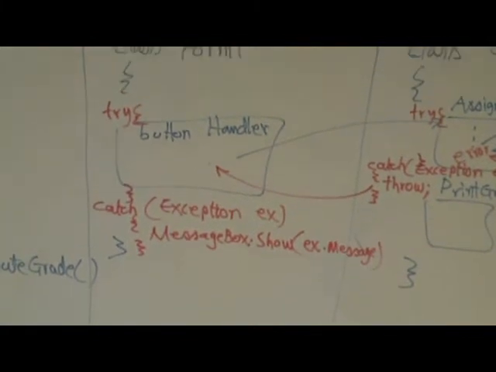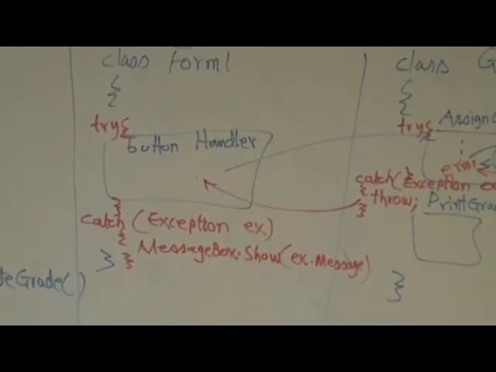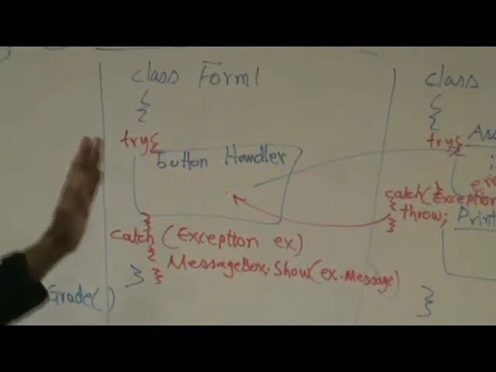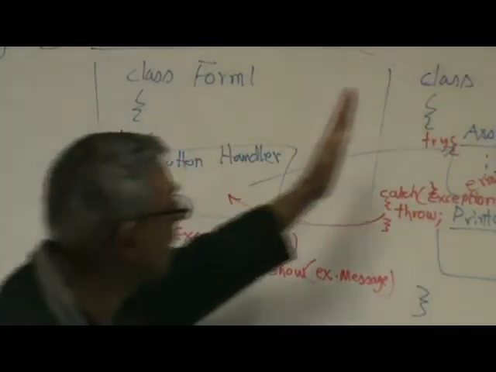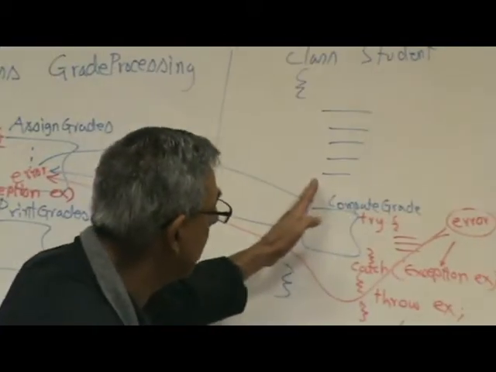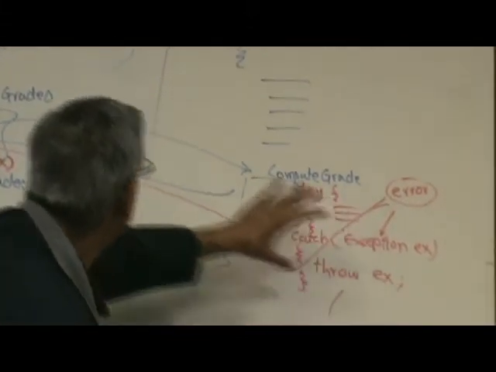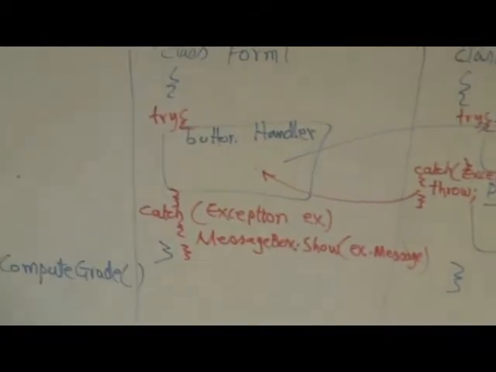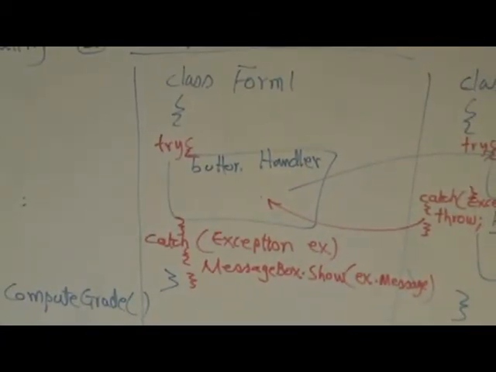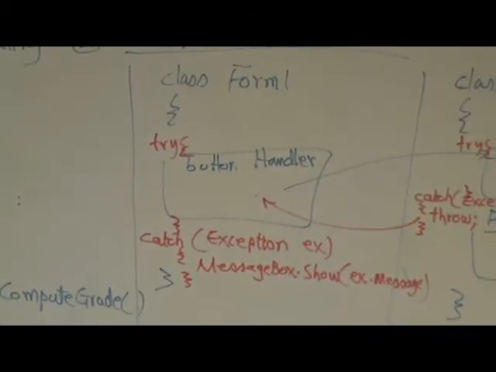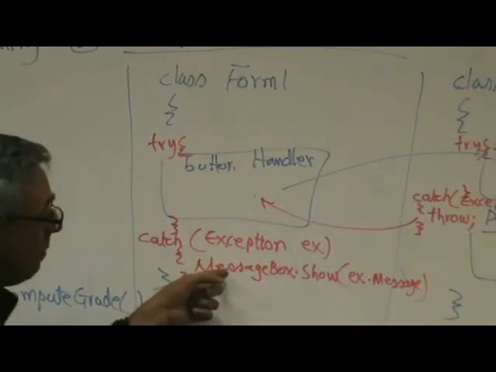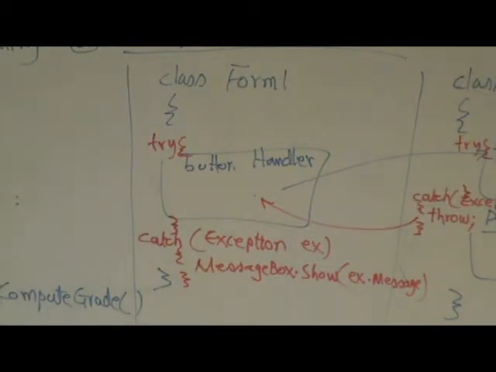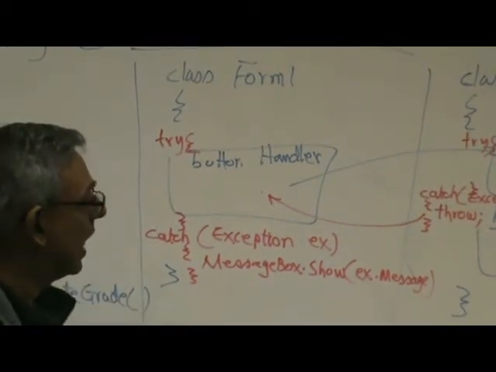Okay. Now sometimes, like in this example, this class called this one, this class called this one, ran into an error, it sent the error back over here, right? So if it's one or two levels, you can easily figure out, because remember, after you see the error, your job as a developer is to go and fix the error. So you need to know where the error occurred, okay?